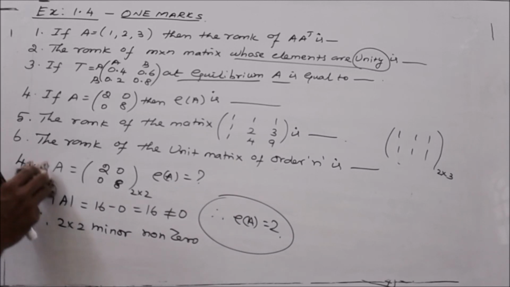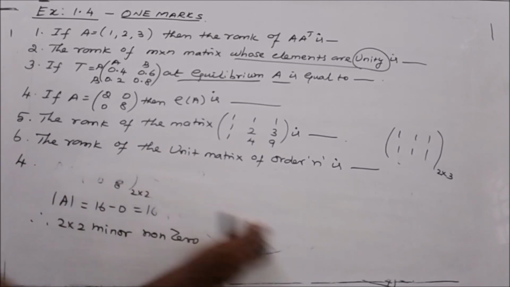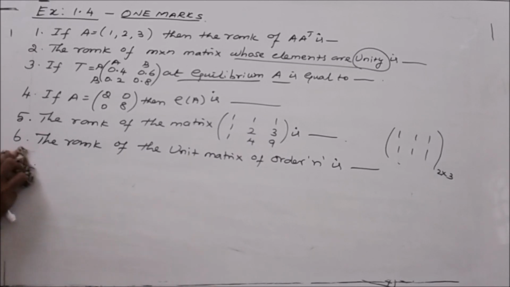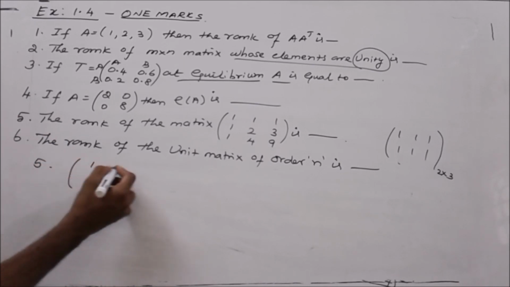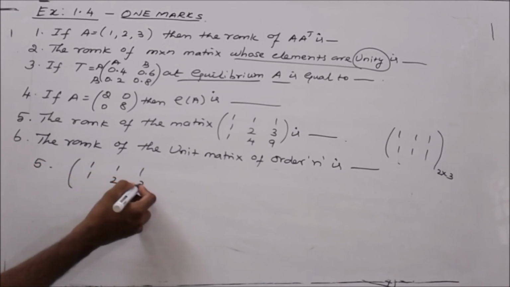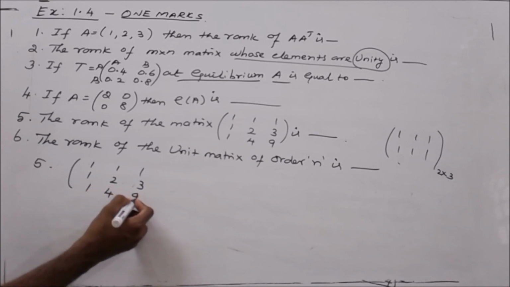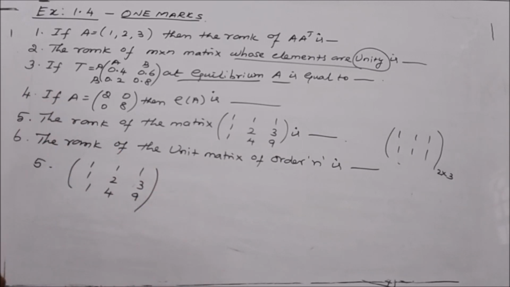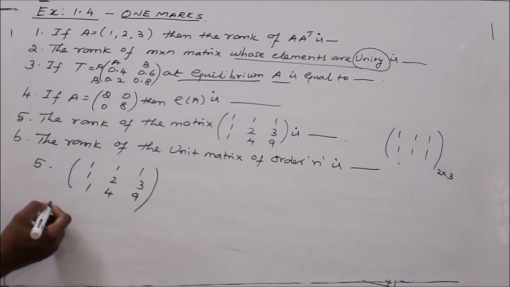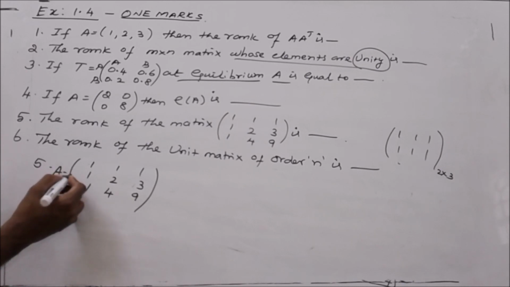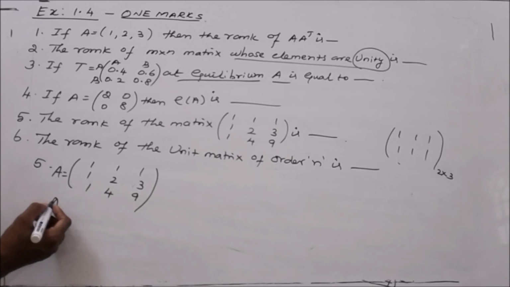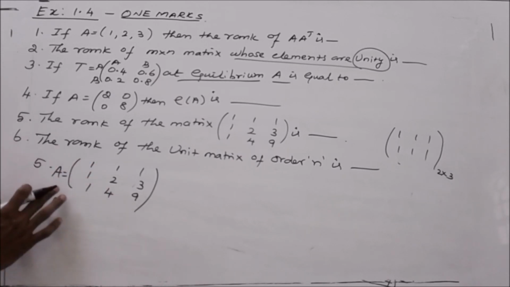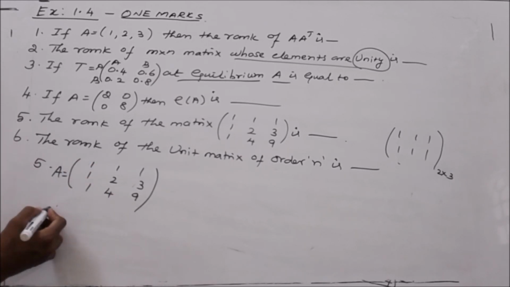And for the fifth question, the rank of the matrix 1, 1, 1, 1, 2, 3, 1, 4, 9. Let it be A equal to 1, 1, 1, 1, 2, 3, 1, 4, 9. You can find the determinant, or you can go to the elementary transformation method.